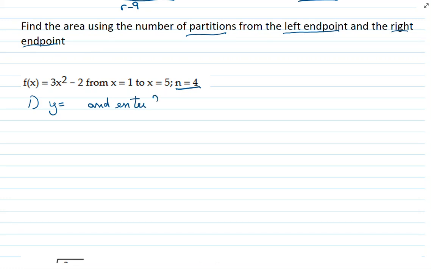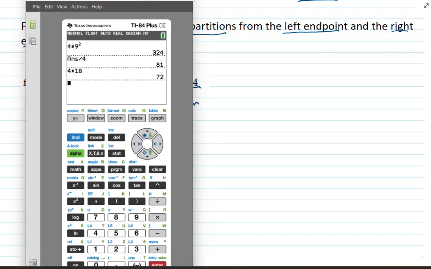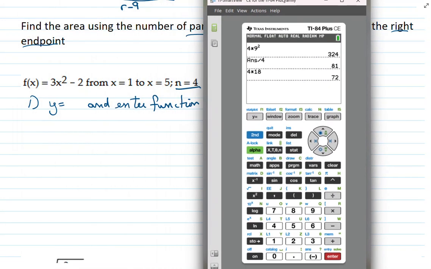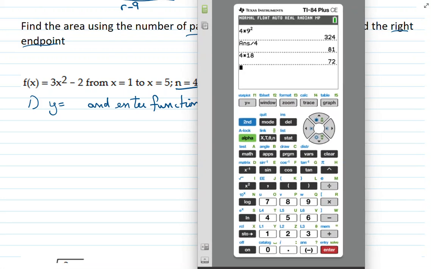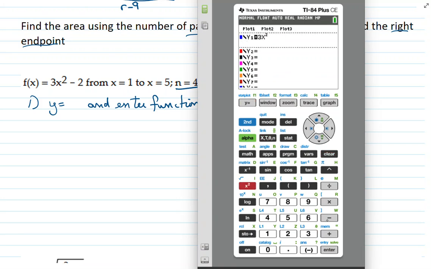Because we have a calculator that's powerful, we can do all of this more easily by using our calculator. Here we go. Now, I'm going to clear everything, go to my y equals. I'm going to hit clear. 3x squared minus 2. Okay. So, and we want 4 partitions from 1 to 4.